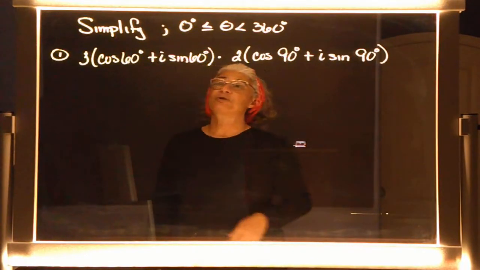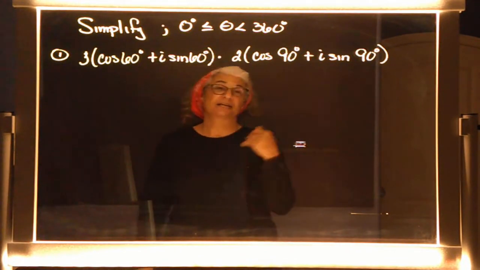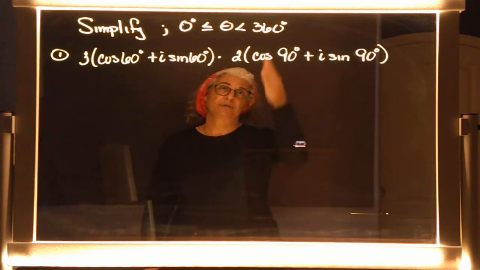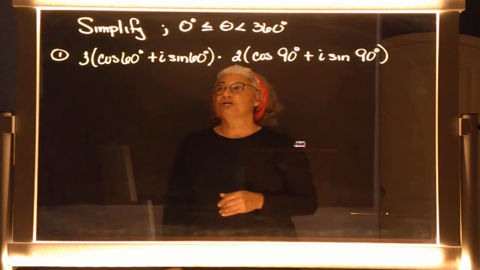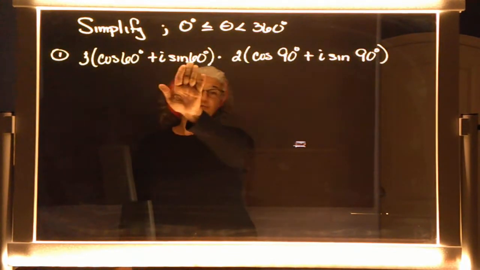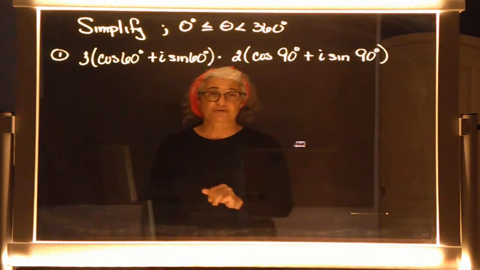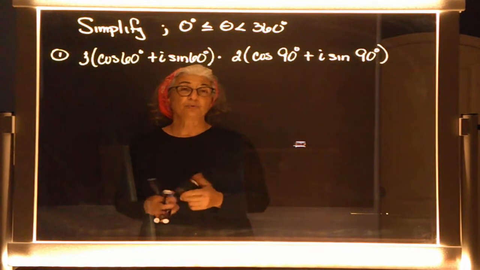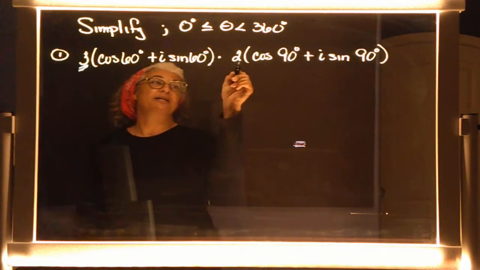Okay, so let's look at the directions. They want us to simplify this. Okay? And they're telling us that theta's got to be between 0 degrees and 360 degrees, but not including 360 degrees. We already spoke about that earlier. So I have this polar form of a complex number, and it's being multiplied by this polar form of a complex number. So according to the theorem, what do we do first? Yes, we multiply the two radii.